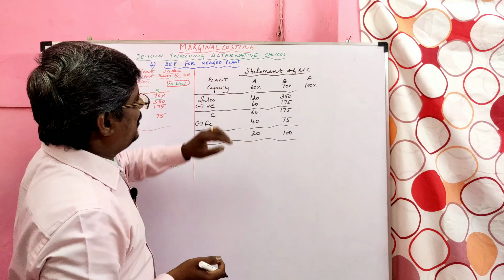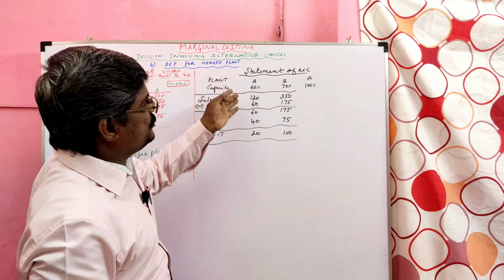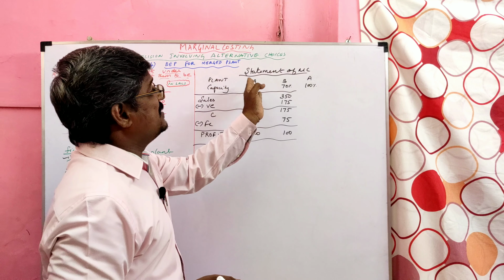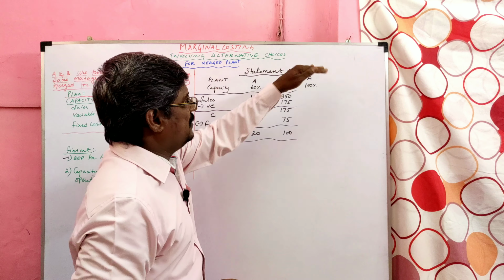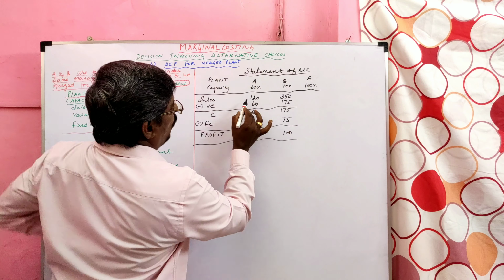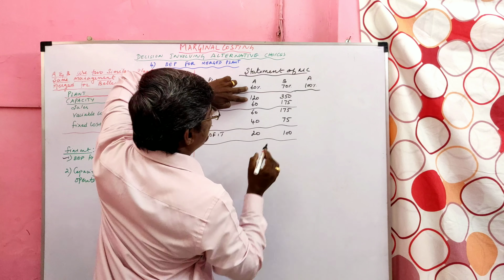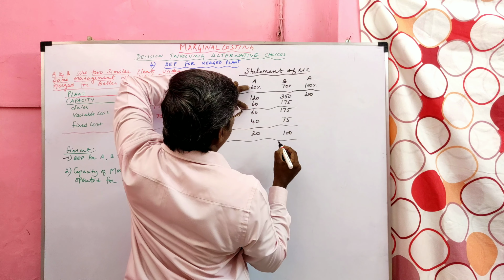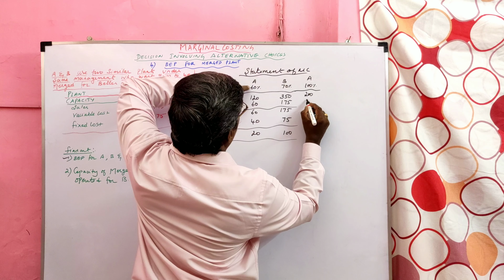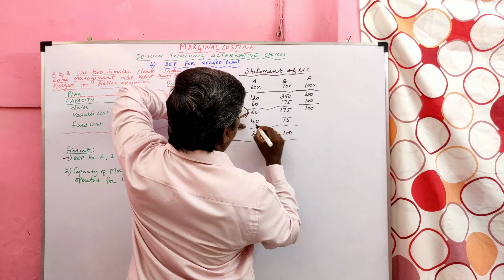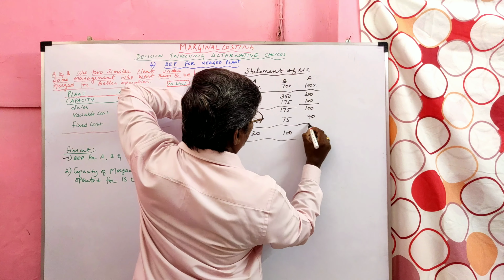The existing capacity utilization is 60%, and now I am going to convert into 100%. 120 divided by 60 into 100 is 200. 60 divided by 60 into 100. The fixed cost remains the same.